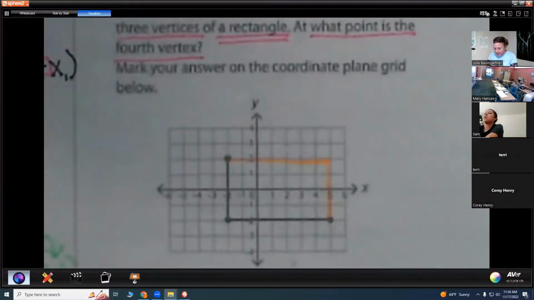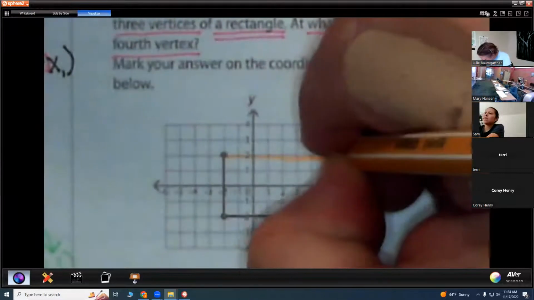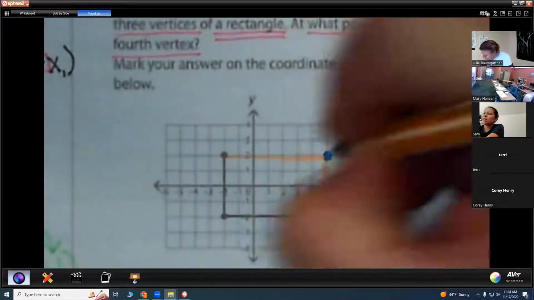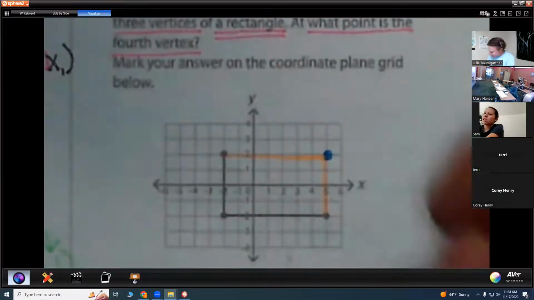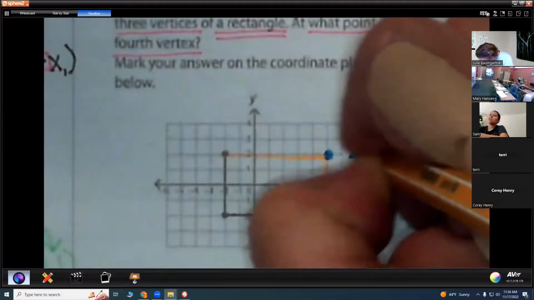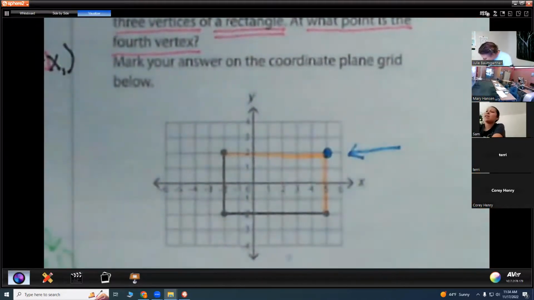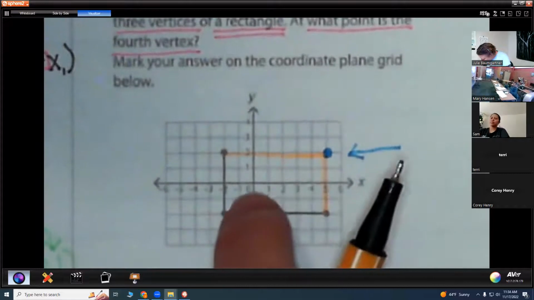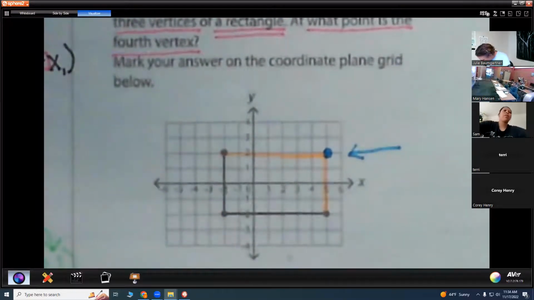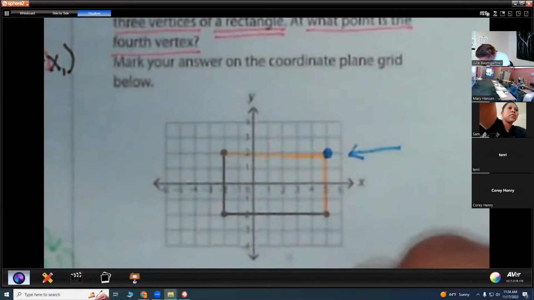The 4th vertex is right there. And so when we say the coordinate plane, we always go positive first, so positive 5, and then 2.